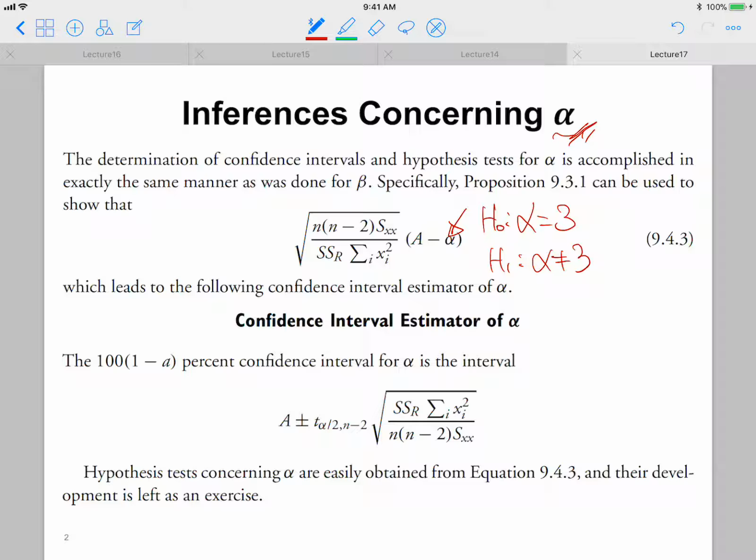Okay, and in this case, as you can see, this statistic has this a minus alpha. The expectation of this entire representation will be what?